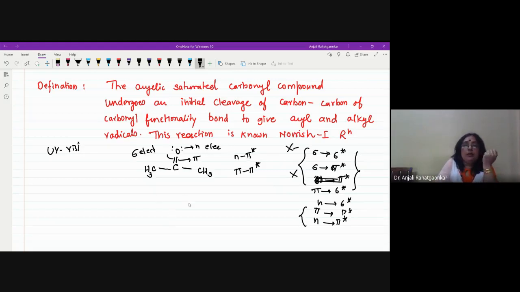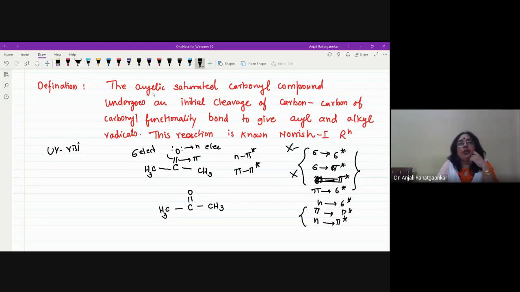So let us focus on the molecule. It is a simple molecule, acyclic and saturated. We don't need any cyclic molecule right now; we are not using any cyclic molecules. I am taking a simple ketone here.